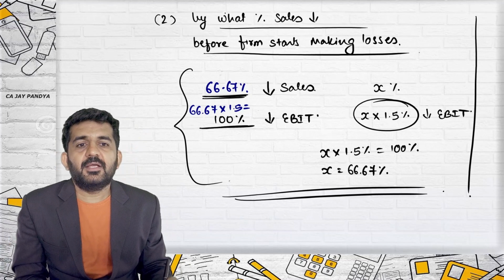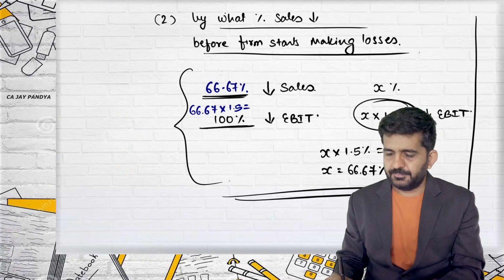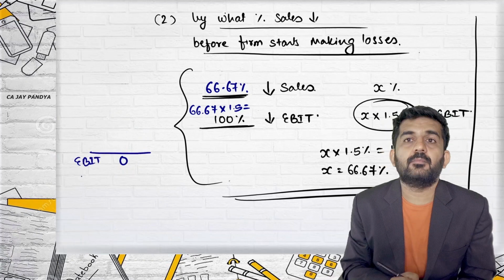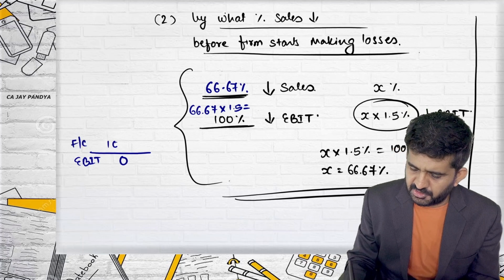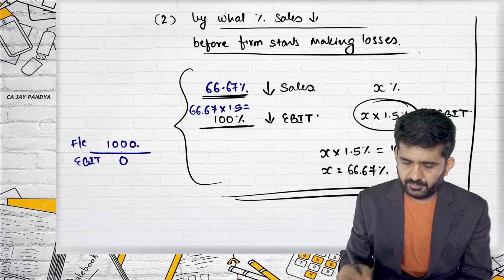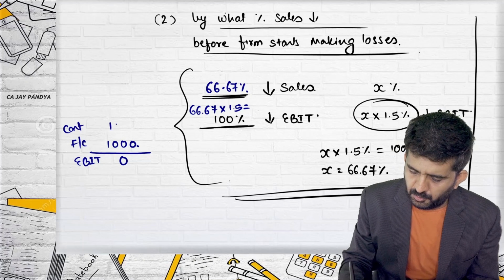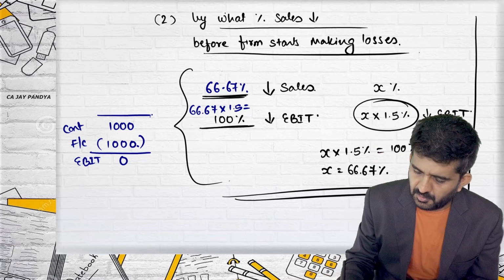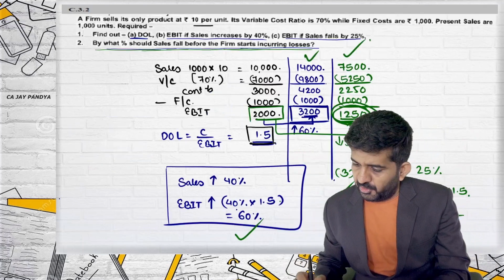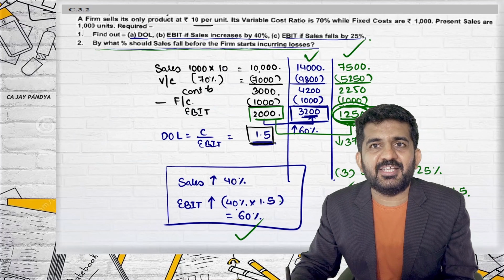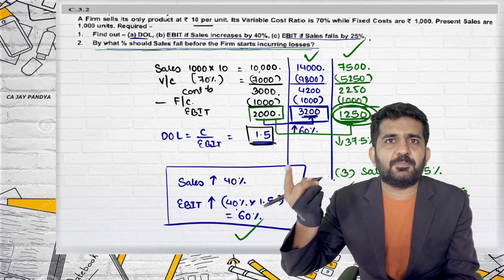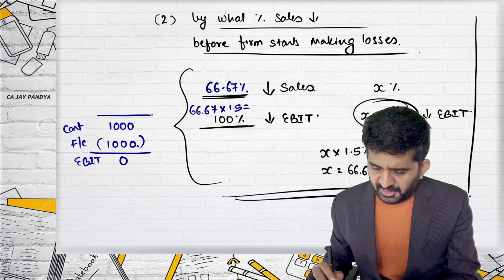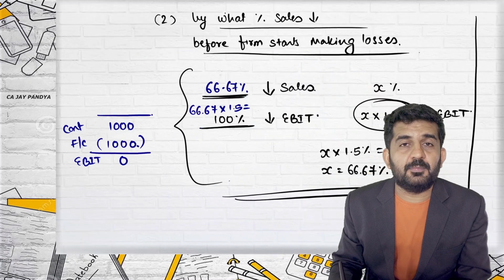Got it? Sir, how can it be found out in another manner? I want EBIT 0. My fixed cost is 1000. So my contribution should be 1000. Then only EBIT will become 0. What is contribution per unit? Selling price per unit is 10. Variable cost per unit is 7. So contribution per unit is 3.